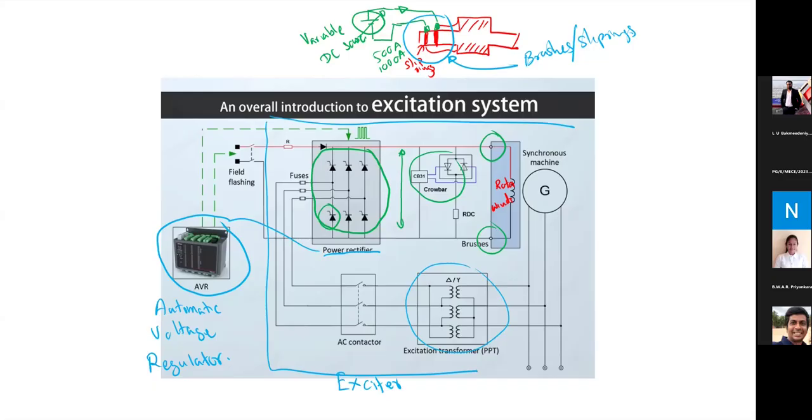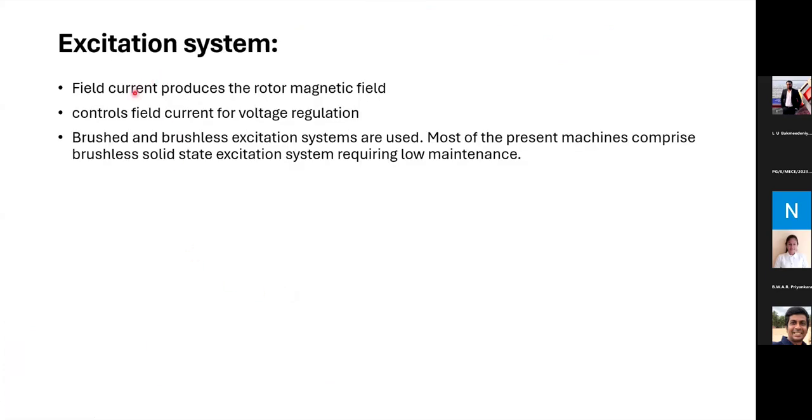Basically, the output terminal voltage magnitude can be controlled by the amount of current passing through this rotor winding. So in order to control the amount of current, the AVR controls this controllable rectifier. The field current produces the rotor magnetic field and controls field current for voltage regulation.